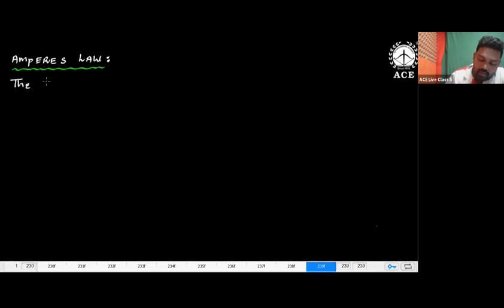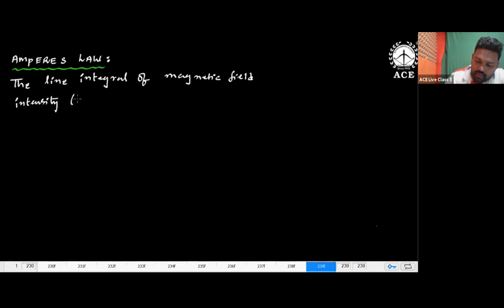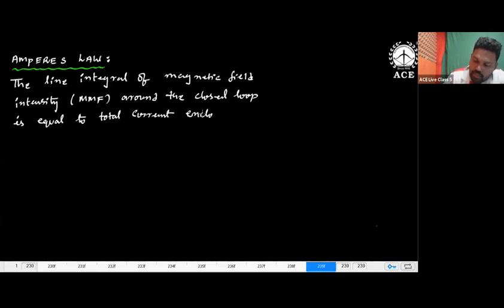The line integral of magnetic field intensity, which is also called MMF, around the closed loop is equal to total current enclosed by that loop.